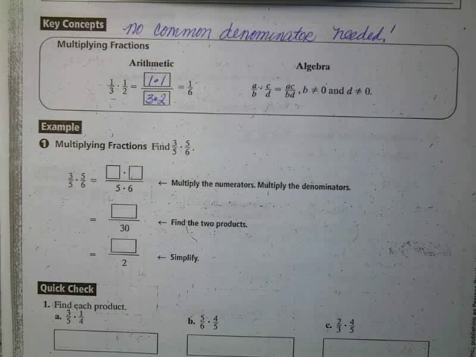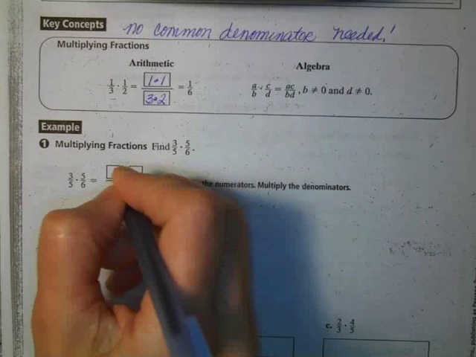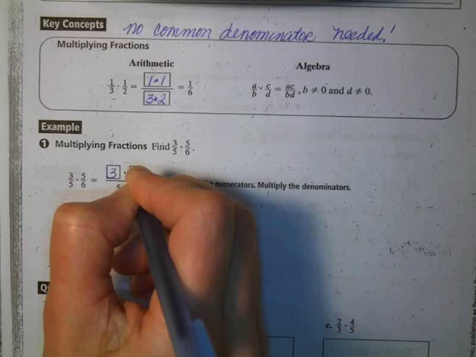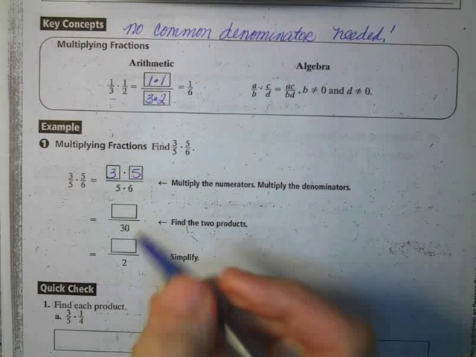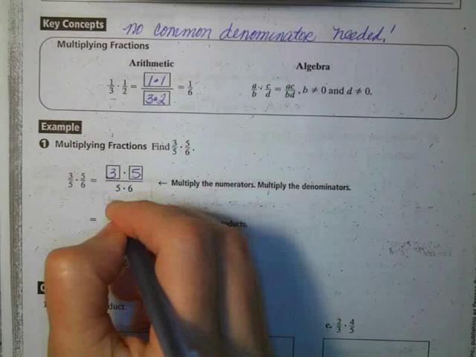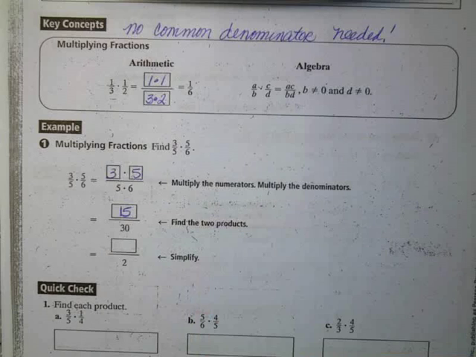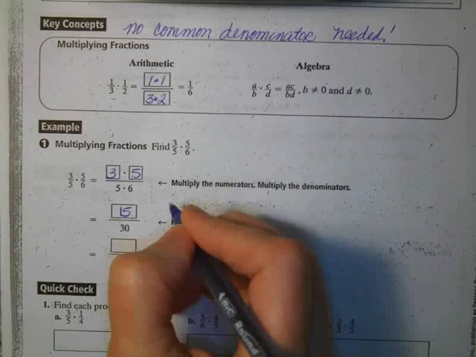We have 3/5 times 5/6. So multiply the numerators, 3 times 5, and the denominators, 5 times 6. 3 times 5 is 15. 5 times 6 is 30. So we find the two products and then we simplify.